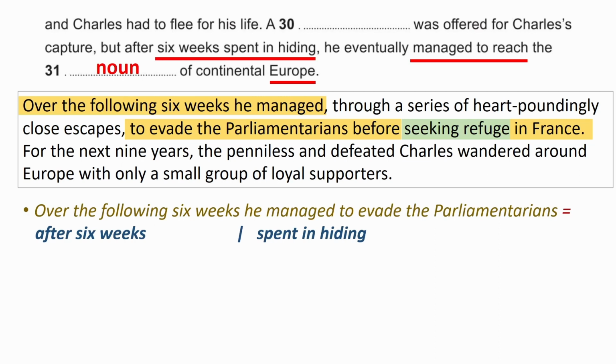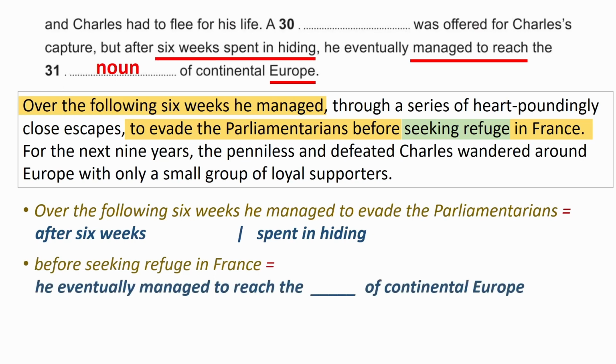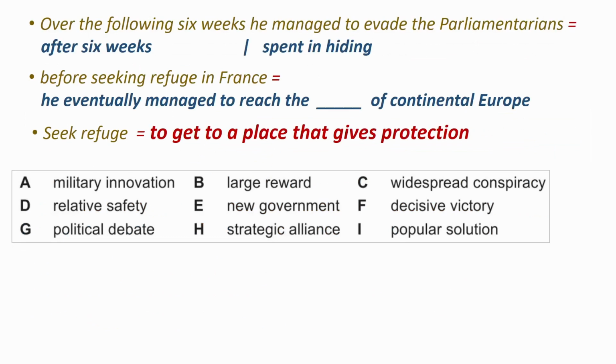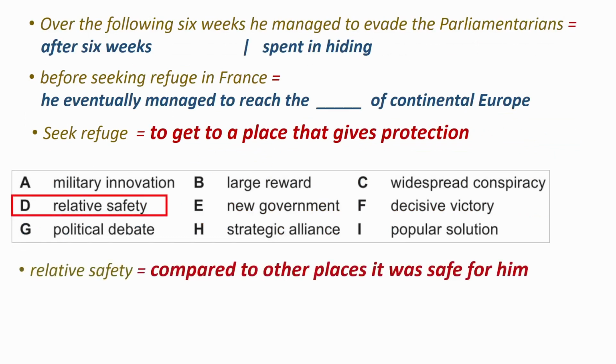In the question, we have spent in hiding. And before seeking refuge in France, we have he eventually managed to reach the something of continental Europe. Seek refuge means to get to a place that gives protection. And in the box, the only option that fits here is relative safety. It means compared to other places, it was safe for him to stay.